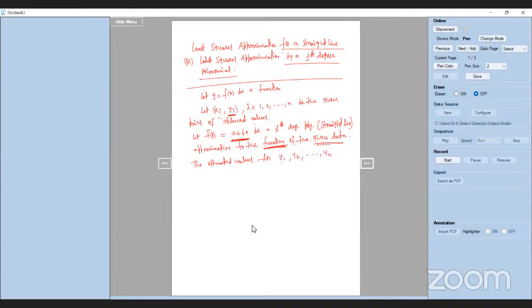So for these, the estimated values: f of x equal to a plus bx. So estimated value is y equal to a plus bx. y1 is equal to a plus bx1, y2 is equal to a plus bx2, and so on, yn is equal to a plus bxn, respectively.